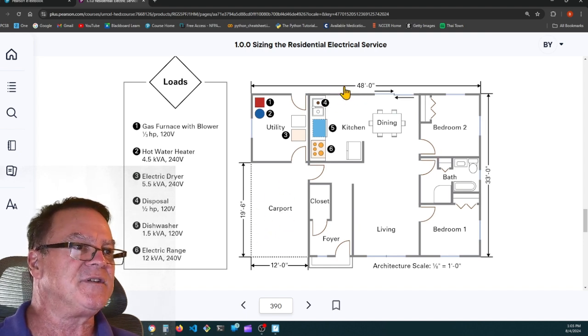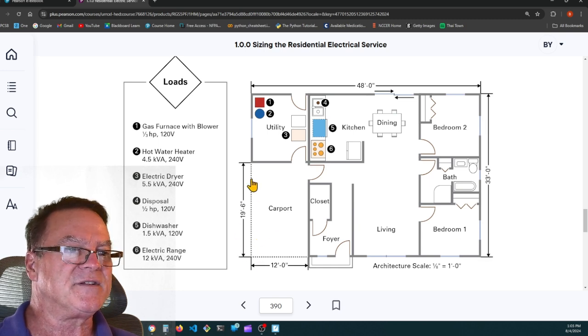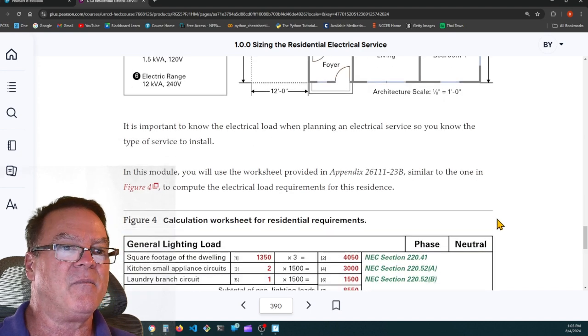Their house is 48 feet by 33 feet. So we'll multiply those together, 48 times 33, and then we'll subtract this 19 foot 6 inches by 12 foot. We'll calculate that and subtract it because it does not count as living space.